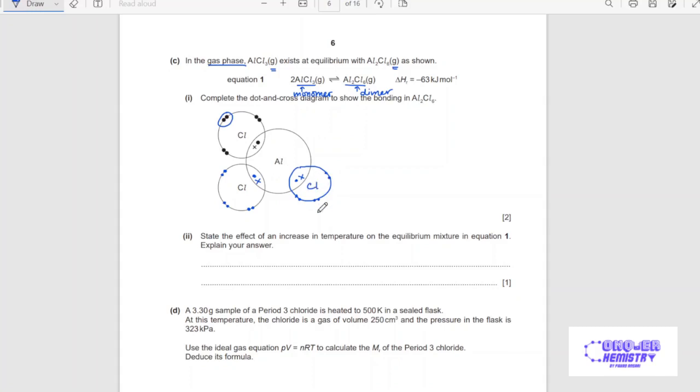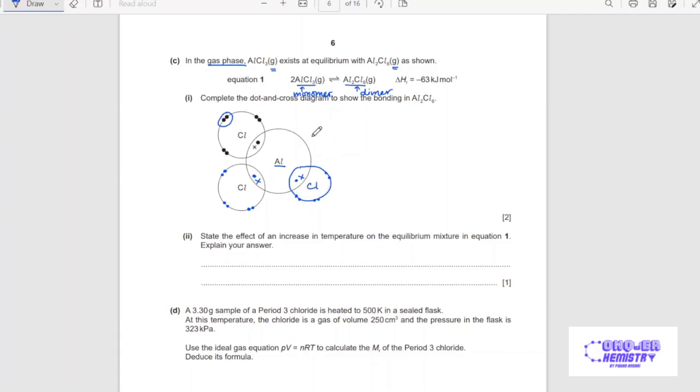So this is AlCl3. Now you can see that Al over here has 6 electrons in its outer shell after sharing. It's not complete. So that is why it will bond with another AlCl3 to complete its outer shell. How? With the help of dative covalent bonds.